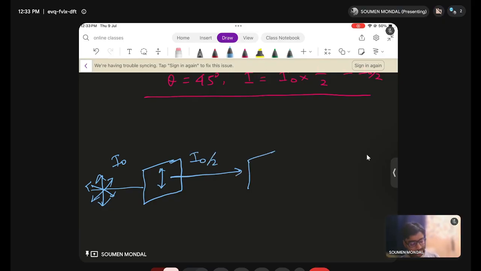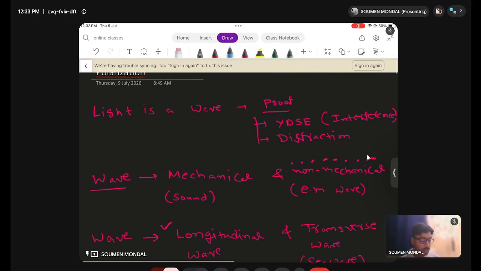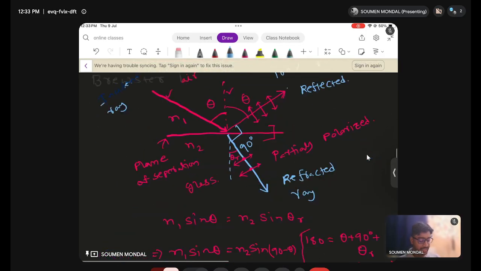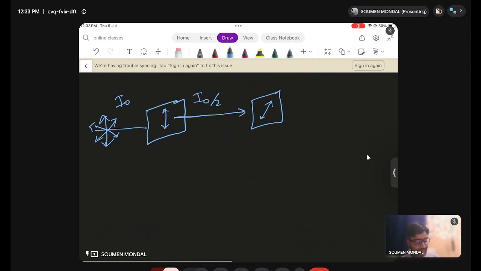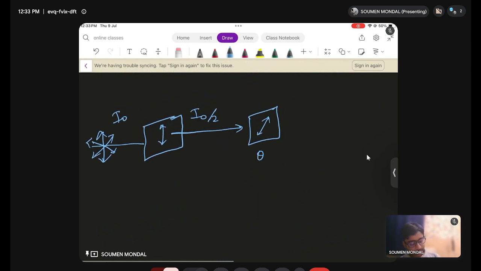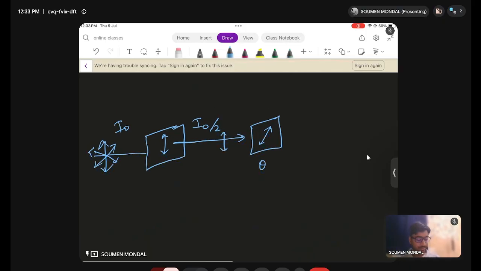After that, the light passes through a rotatable polarizer whose axis makes an angle theta with the polarization direction of the polarized ray. So what will be the intensity here? Let me call it I final. I final will be I naught by 2 cos square theta.